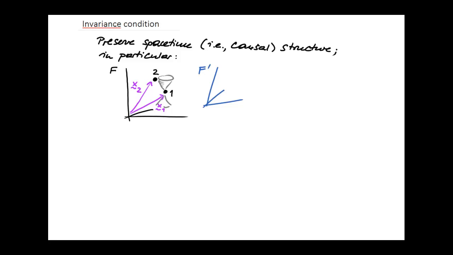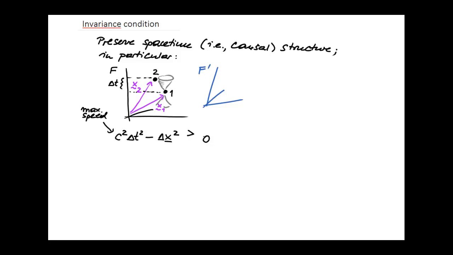The condition for that is that c squared, and let's denote by c this maximum speed of information transfer, c squared times delta t squared, where delta t is the time difference measured by observer F, minus the spatial distance, and here I use a straight underline to make clear that this is a 3 vector, the spatial distance squared, is larger than 0.